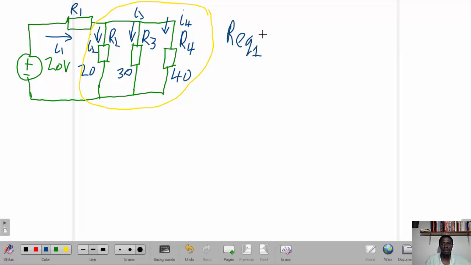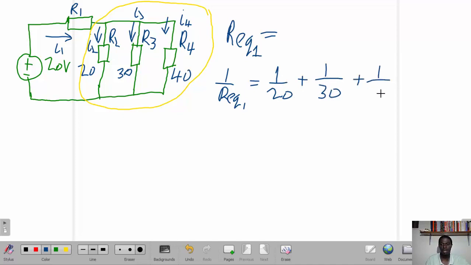And that R equivalent 1 is found by determining the total resistance of these parallel resistors. So 1 over R equivalent 1 should be equal to 1 over 20 plus 1 over 30 plus 1 over 40.